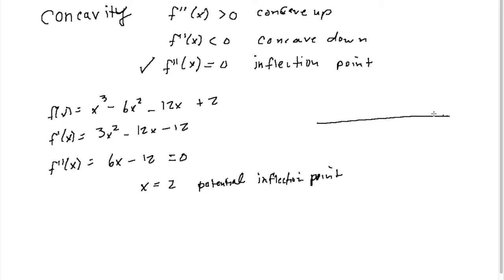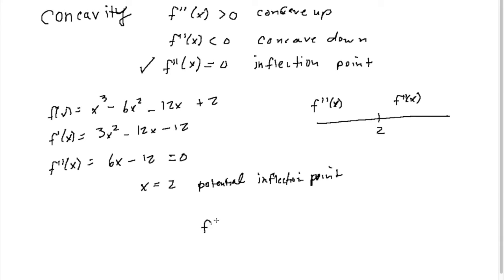So we'll set up our number line and say 2 is a potential inflection point. But what is the second derivative doing on the left side, and what is it doing on the right side? Is it concave up here, concave down here? What's going on? We'll just test some values, very similar to what we did with the first derivative when we were trying to find increasing and decreasing intervals.